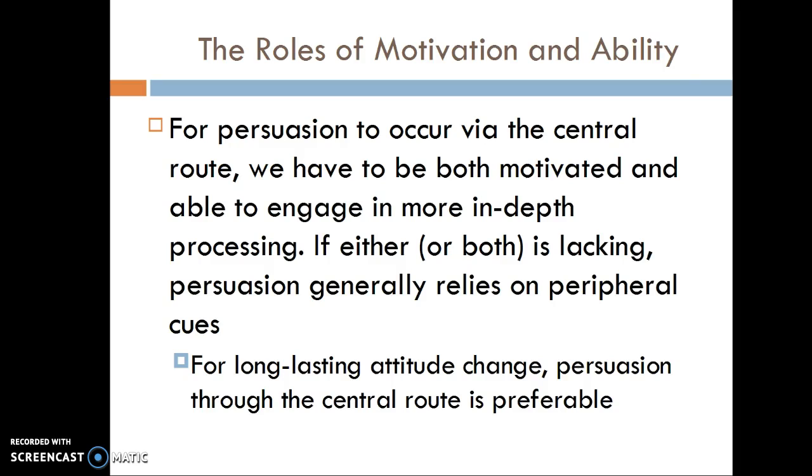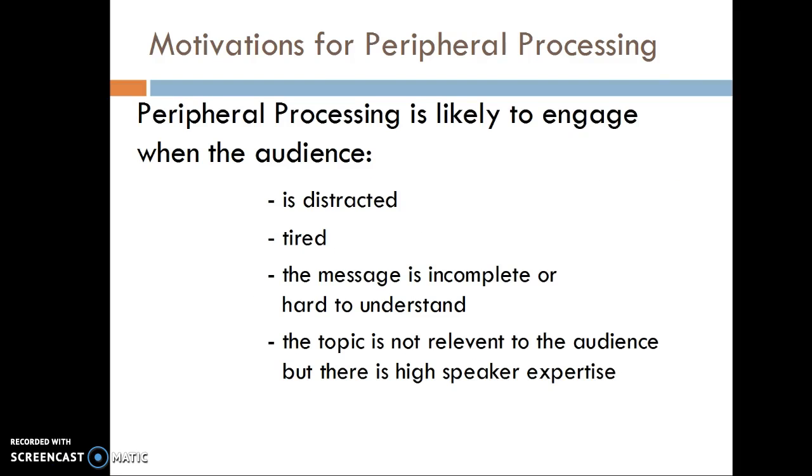For longer lasting attitude change, the central route is much more preferable. When motivation and or ability is limited, then we're more likely to engage in peripheral processing, attending to peripheral cues rather than the content of the message itself and the logic behind it.